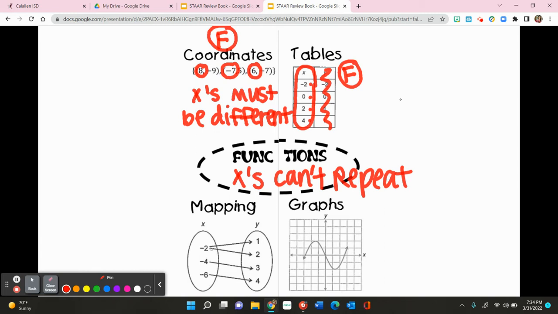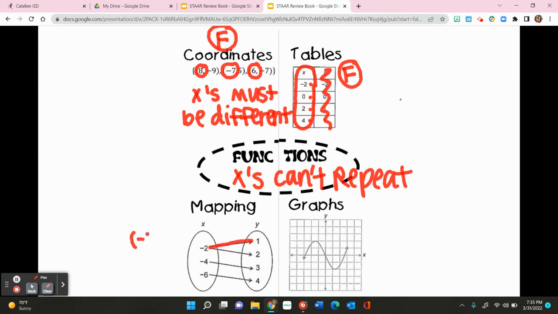Then, if we look at a mapping, you have two circles, if you want to call them that. You have your x's on the left and your y's on the right, and they are paired together by these lines. So what this is saying is that I have -2 being paired with 1.